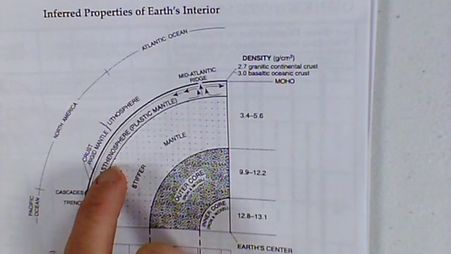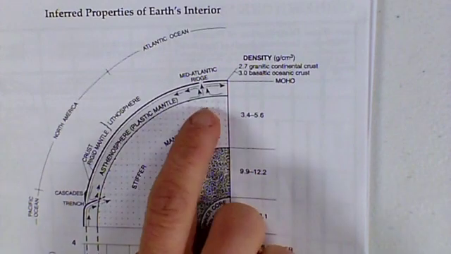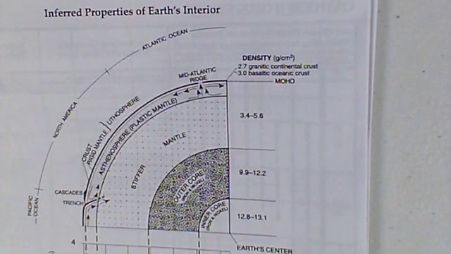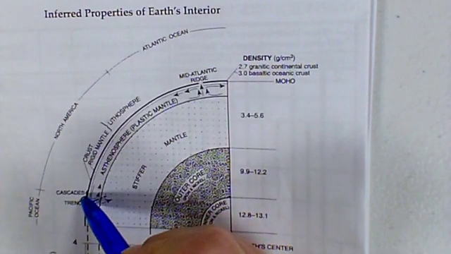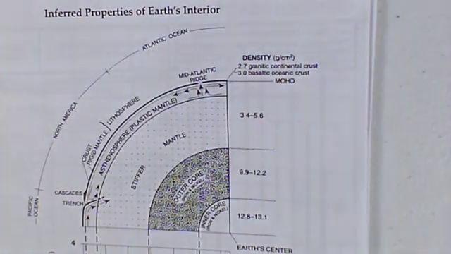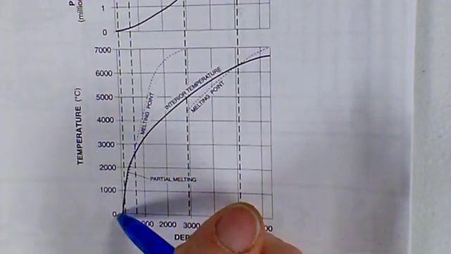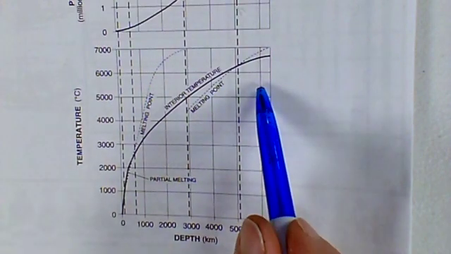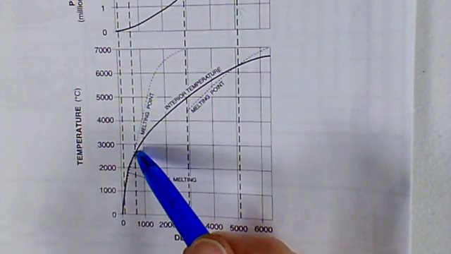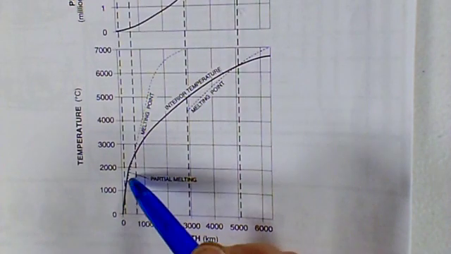And so now we're just talking about this very thinnest layer on the outside here, right here. And if we go down to temperature, it's right on the zero. So quite a bit cooler than the inner core and even quite a bit cooler than the asthenosphere.